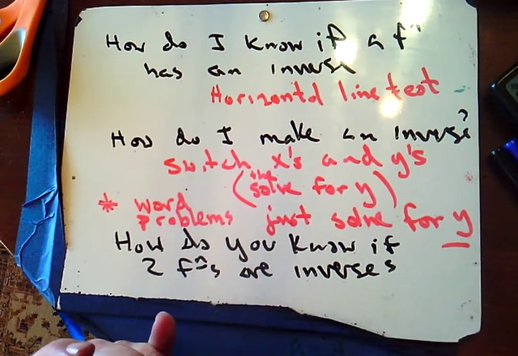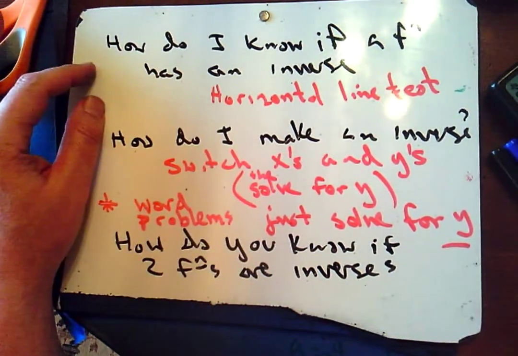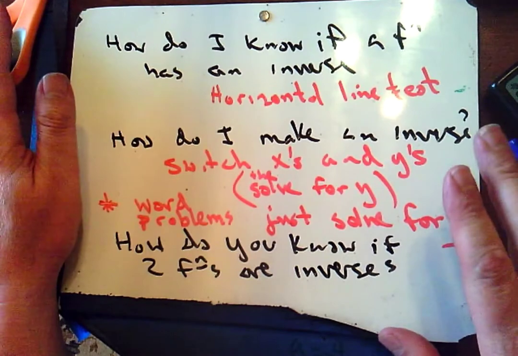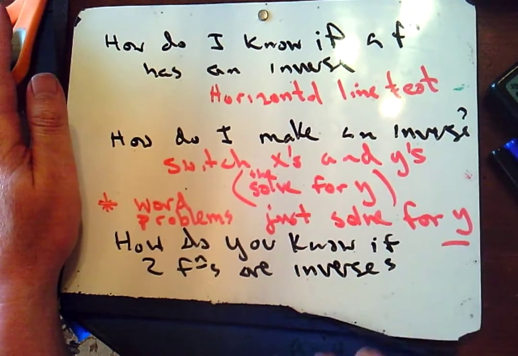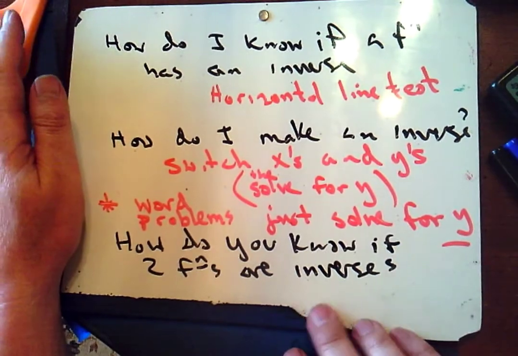Or from a graph, we would say, hey, are the ordered pairs switched? Because we know an ordered pair on the original function, is it switched on the inverse function? That's going to be really important. That question comes up every year on the AP exam when we have to do calculus with inverse functions.